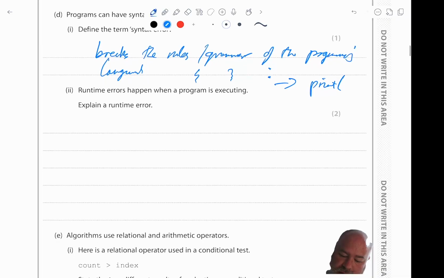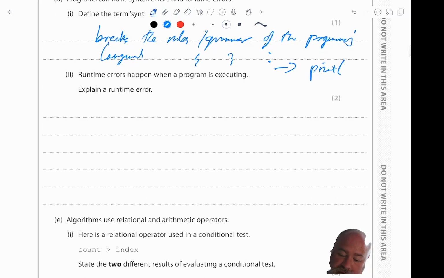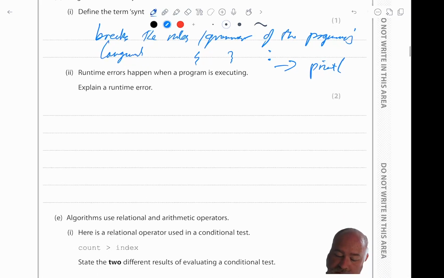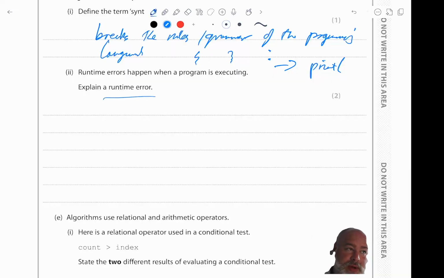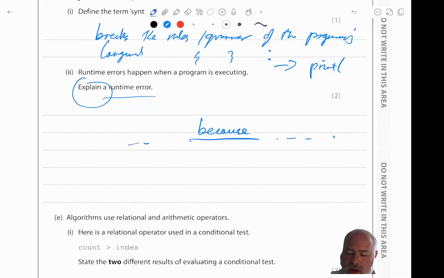What is a runtime error? Okay, so it tells you actually runtime errors happen when a program is executing. Explain a runtime error. So it's given you a bit of help here. With explain, usually you have a 'because'. So 1 mark before and then the other mark after 'because'.